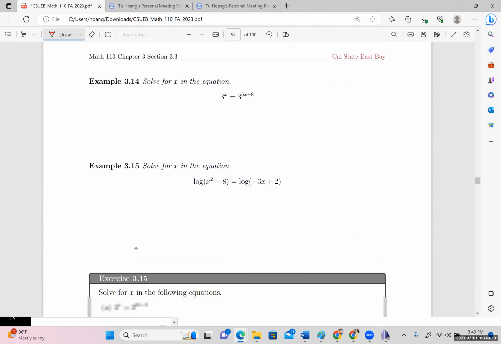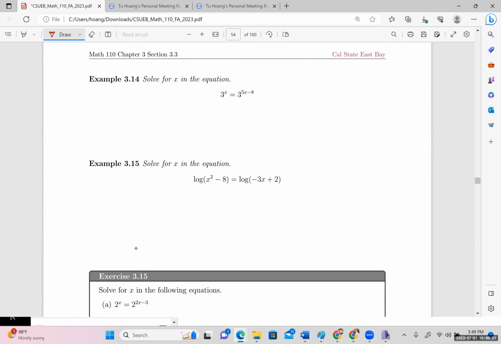And now we move to the next example, which is solve for x in the equation. So in this case, as you see, we have an exponential equation with the same base, same base on both sides.